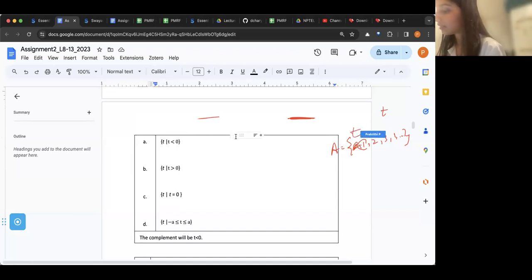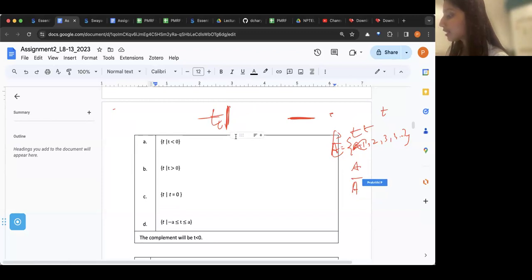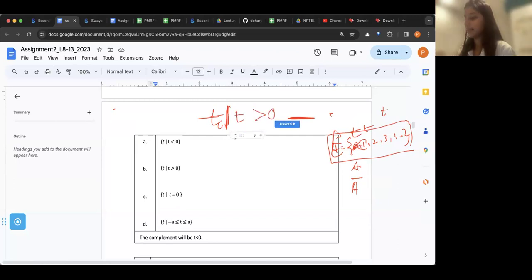Each element here is T. In the question, you have to define A complement, but first let's see how to define A. This A you would define as T such that T is greater than 0. So this is A. What is the complement of A?